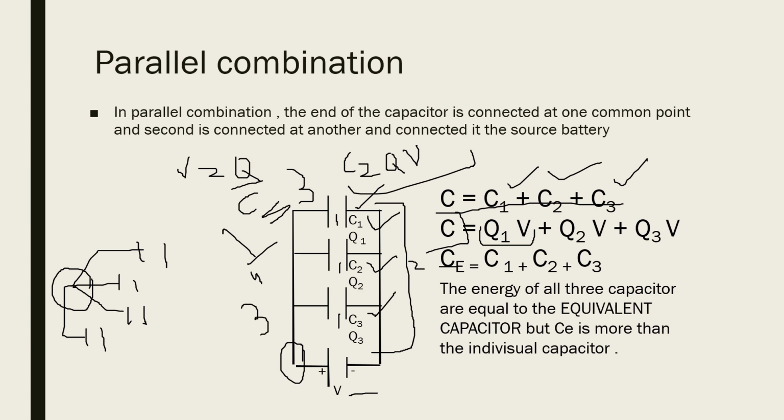Now it should be clear in your mind that C3 is not equal to CE. CE means the equivalent capacitor. That is not equal, because C3 can store charge 1, but here the equivalent CE can store 3. So it is not equal.